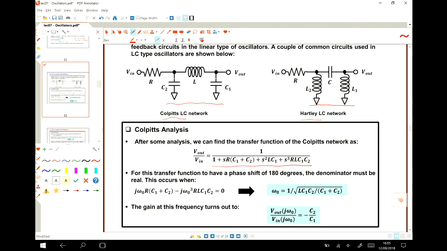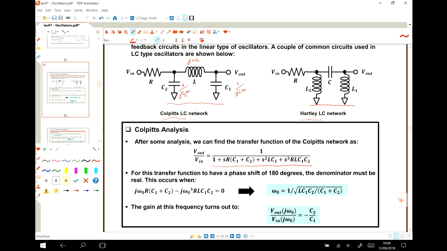Just replace this with LS, this is 1 over C2 omega J, this is 1 over C1 omega J, this is J omega L. And then find V out over V in.